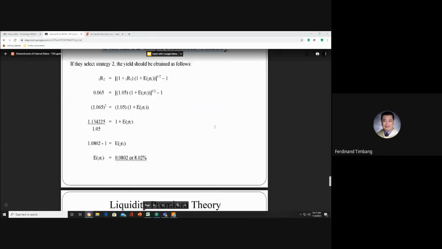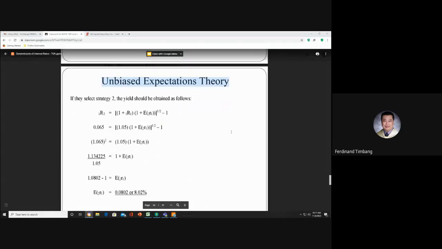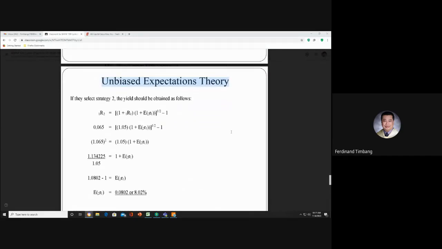Pagdating nga kay liquidity premium theory, sinasabi niya na mali naman si unbiased expectations theory. Kasi maaaring tama ka, sabi ng gano'n, na indifferent si short term kay long term. Pero you did not consider the period covered.